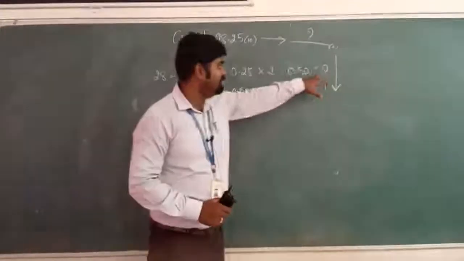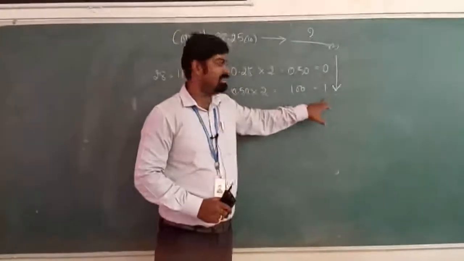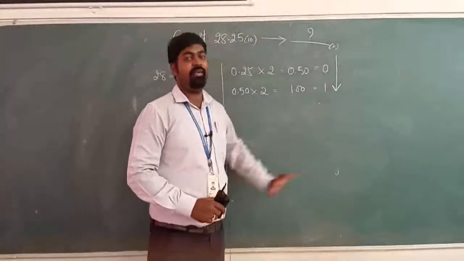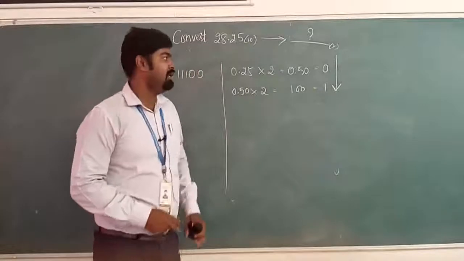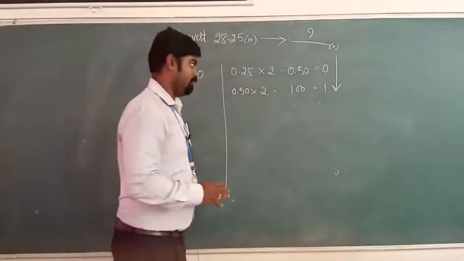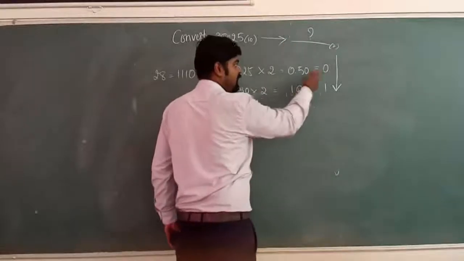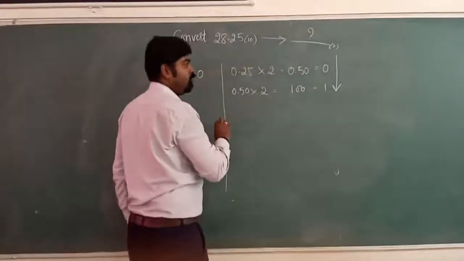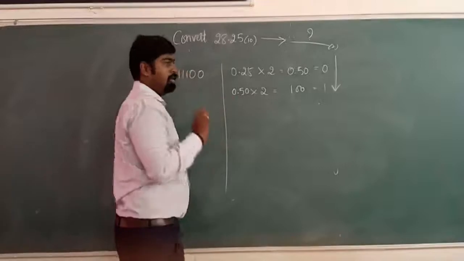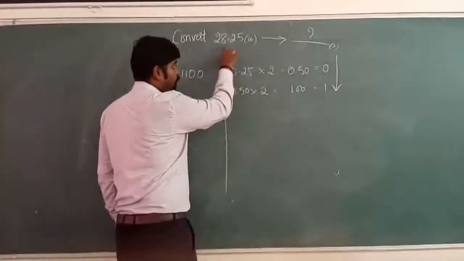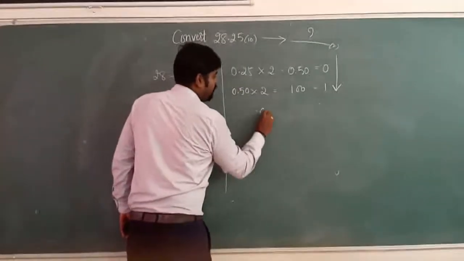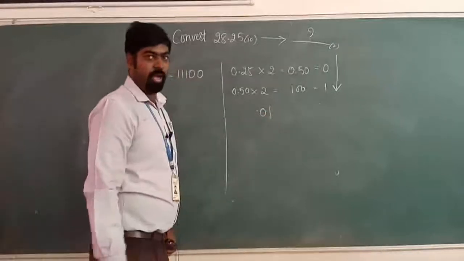No doubt this is also a most significant bit and this is the least significant bit, but while considering the binary equivalents of decimal fractions, we need to go from top to bottom. So what are the remainders from top to bottom? It is 0 and 1. So the binary equivalent of 0.25 is 0.01. How 01?